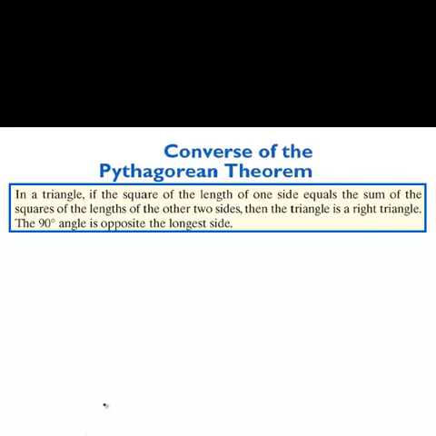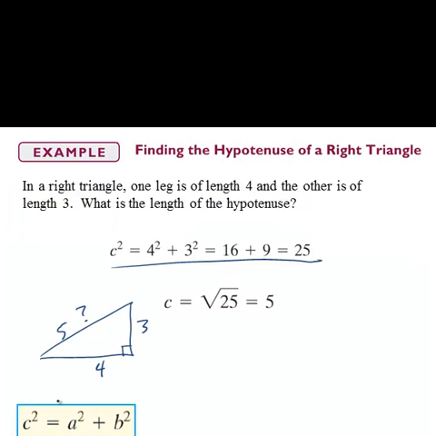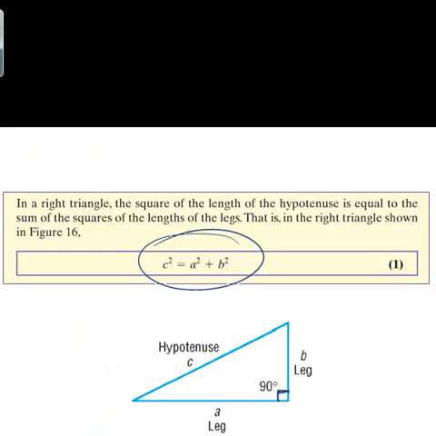Moving along here. And also we can go in the reverse of the statement of the Pythagorean theorem. Now, if you were to go back to this statement here of the Pythagorean theorem, it says if we have a right triangle, then here's the relationship between the 3 sides.